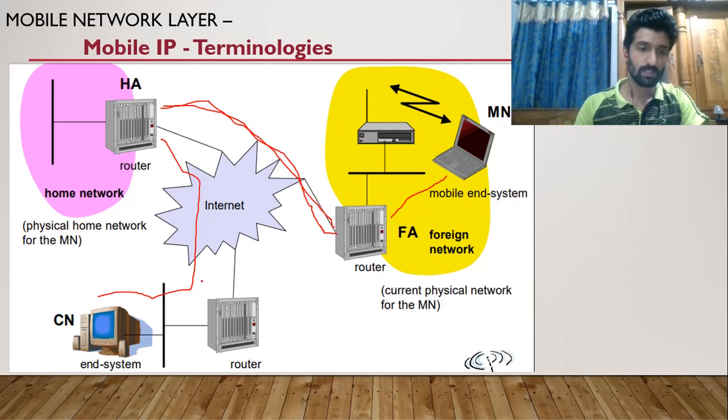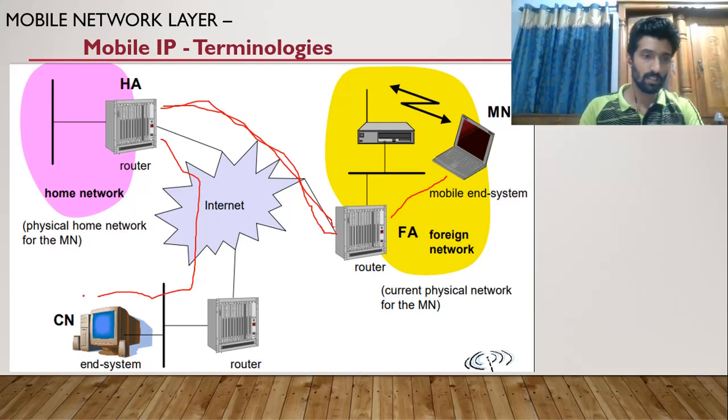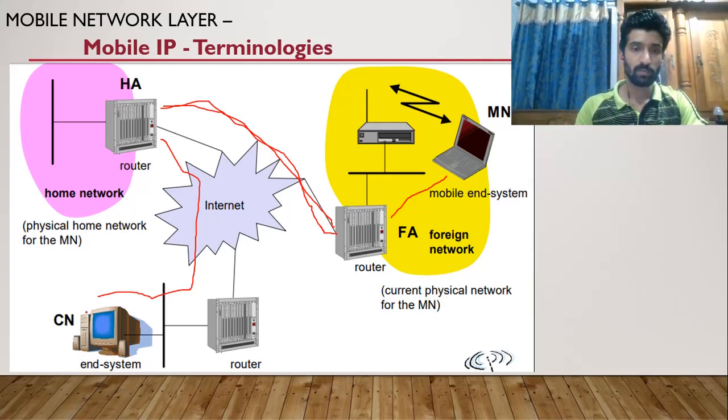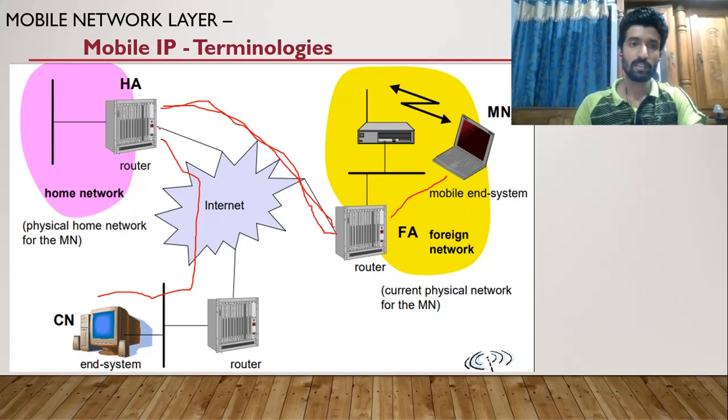So we can summarize this. Whenever the CN wants to send some packet to the MN, the CN will obviously send it to the home network's home agent. So CN to the home agent, and the home agent will create a tunnel.